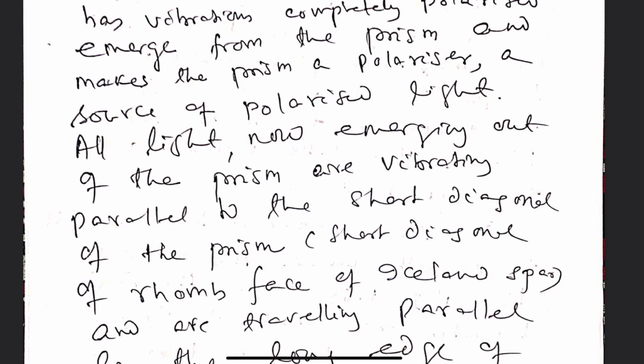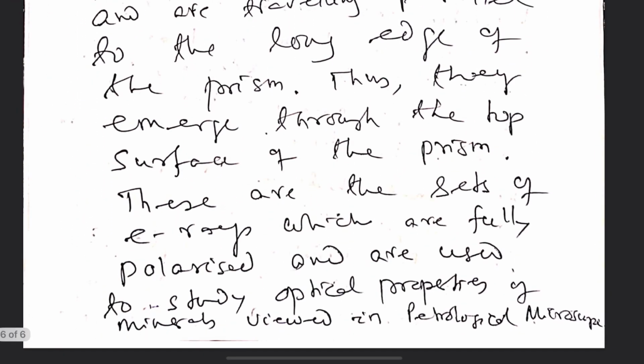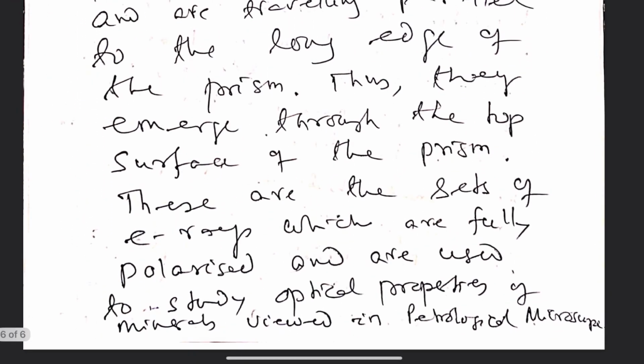That's why the upper Nicol is called the analyzer, and these two Nicol prisms are best used in petrological microscopes because polarized light is required for the study of optical properties of rocks and minerals.